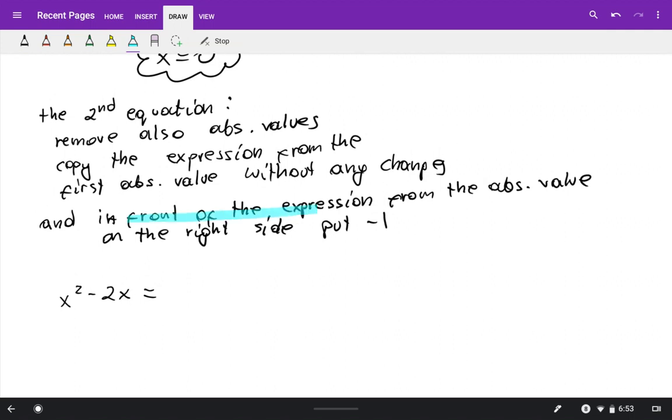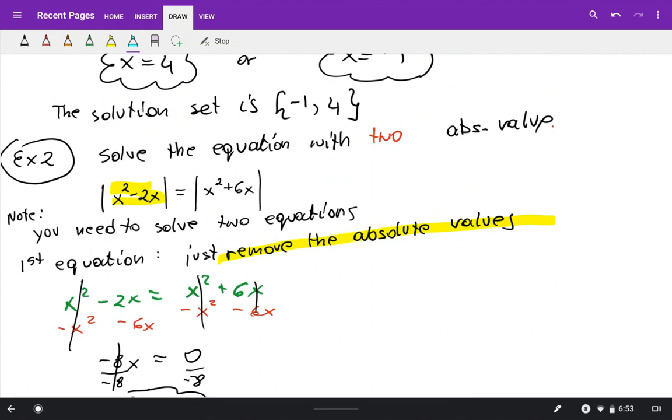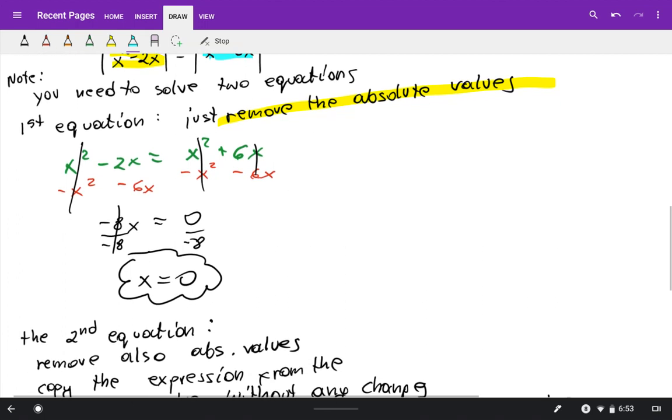And in front of the expression from the absolute value on the right side, put -1. So I'm placing -1 times, since you have an expression, you're going to put it in parentheses. And here you copy the expression which you have on the right side, which is x squared plus 6x.